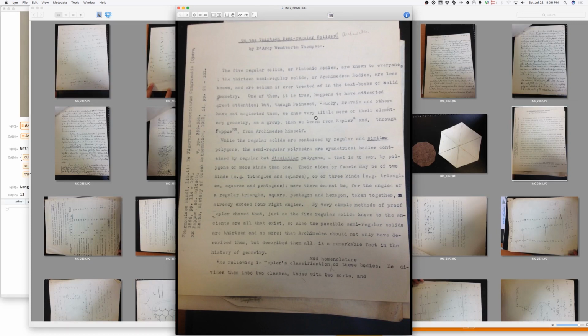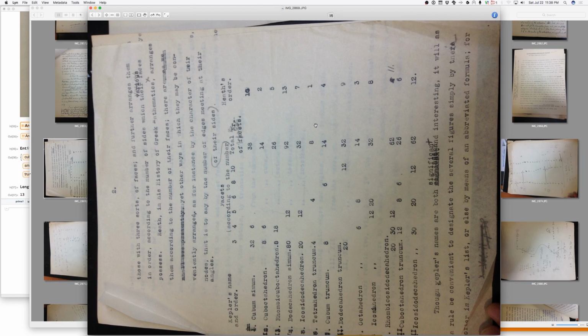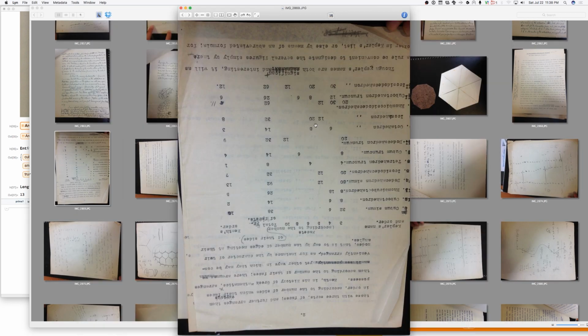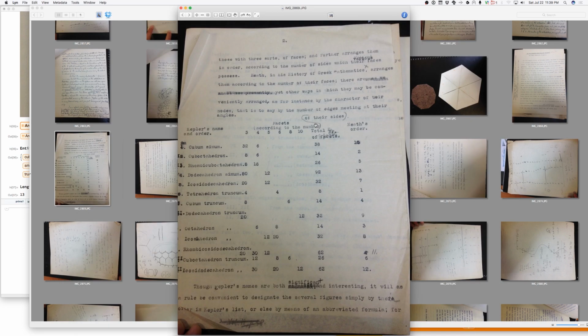The semi-regular solids are contained by similar and semi-regular symmetrical bodies by dissimilar polygons. Yes, indeed. Okay, and here is, oh, that's kind of cute. We can compare. Oops, there we go.